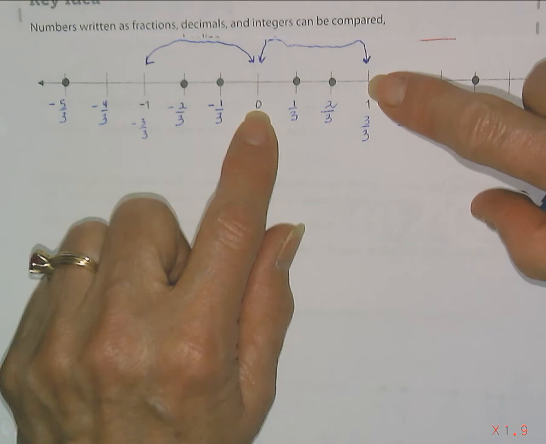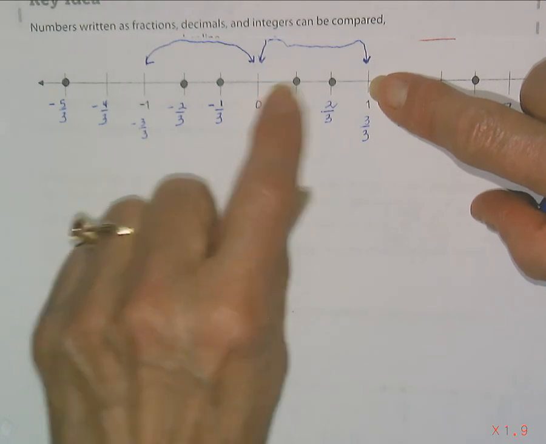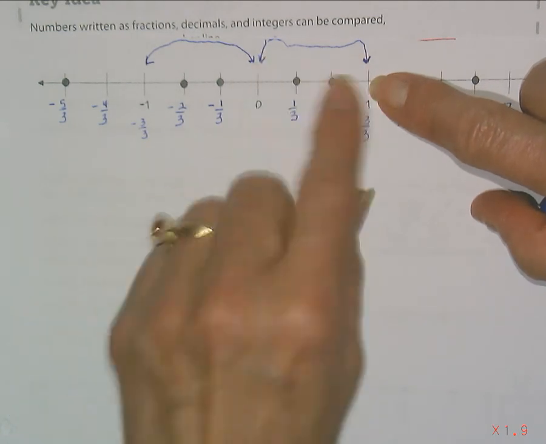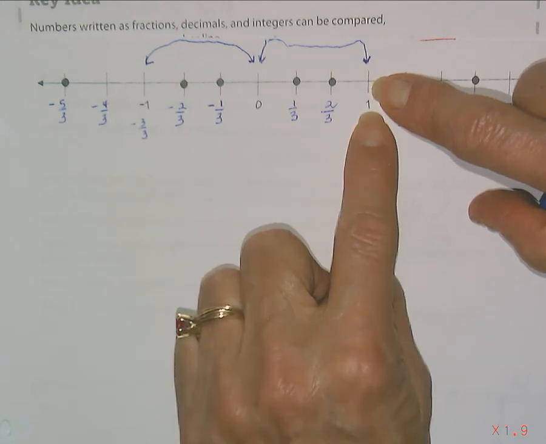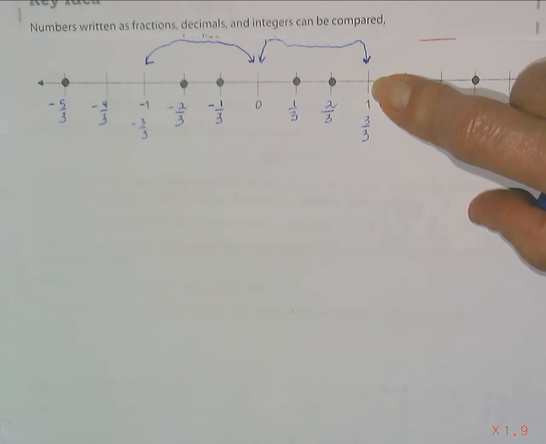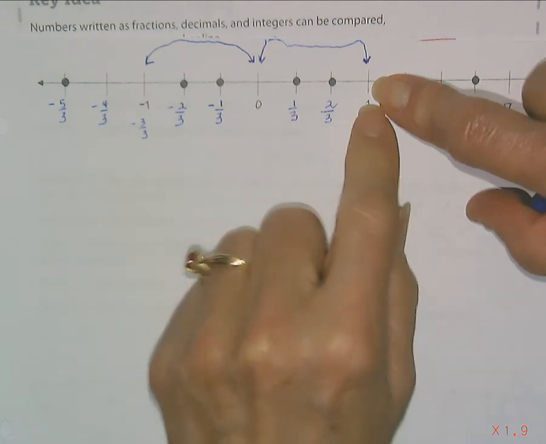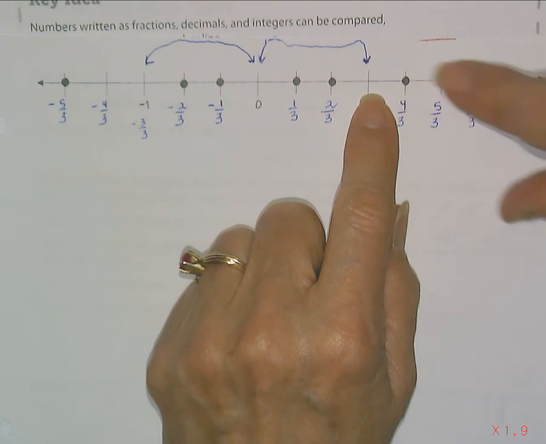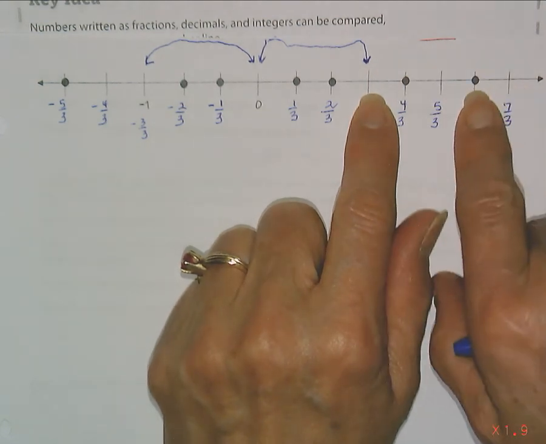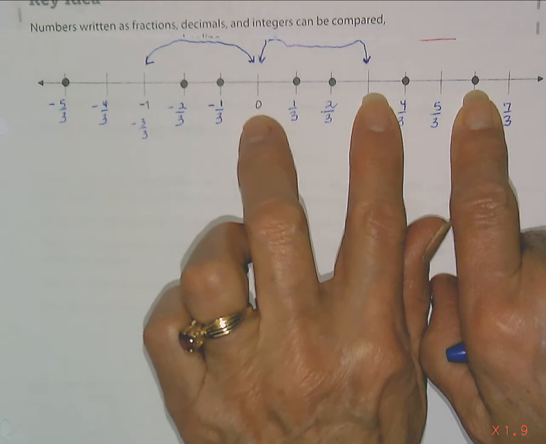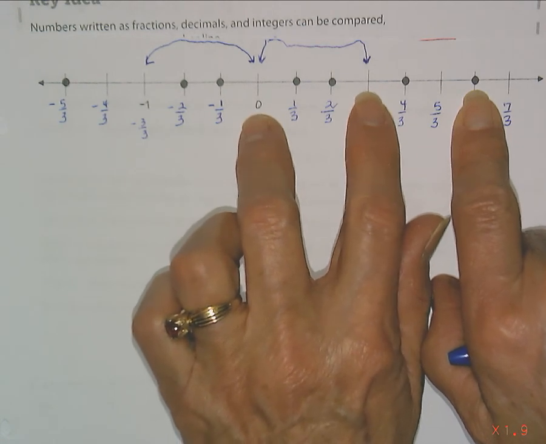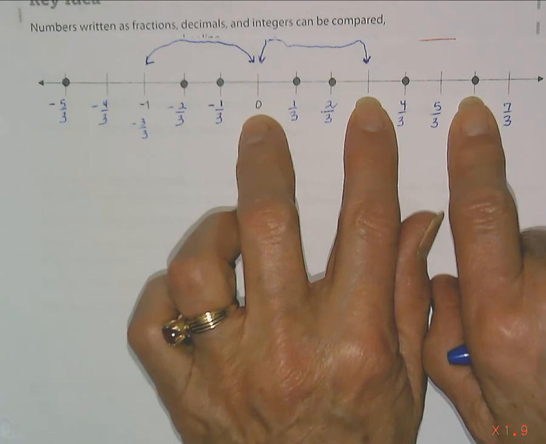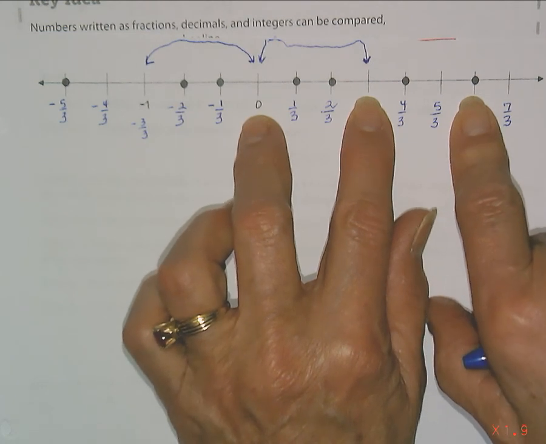Right here, when we had all 3 sections, that was one whole integer, right? So every time you have a grouping of 3 sections, you have another one whole unit. So when I go up 1, 2, 3 sections to this one right here, from 0 to this one is 1, because that's 3 whole sections. From here to here is another increase of 1, right?